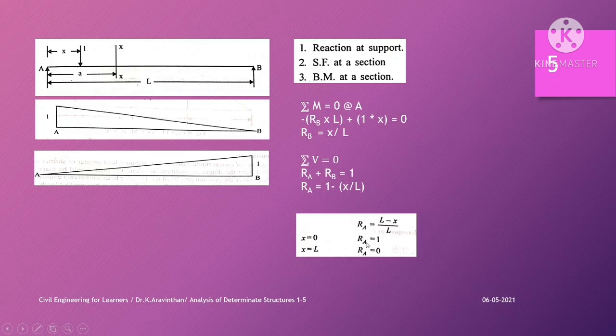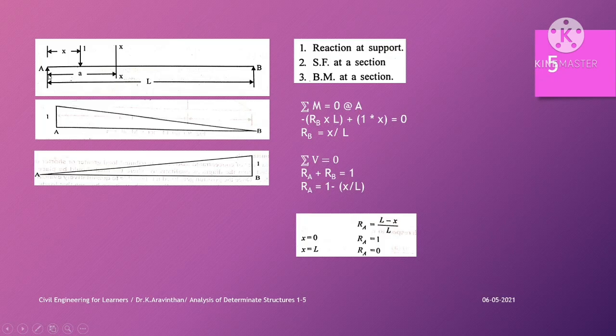And if you want to know the least reaction due to A, at the point B, there will be the minimum reaction, this is the least reaction of RA.